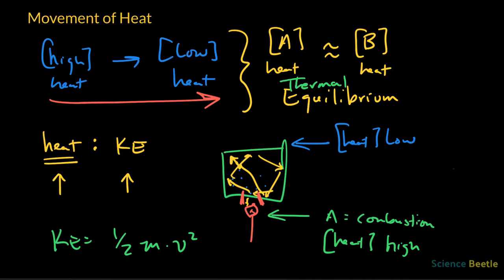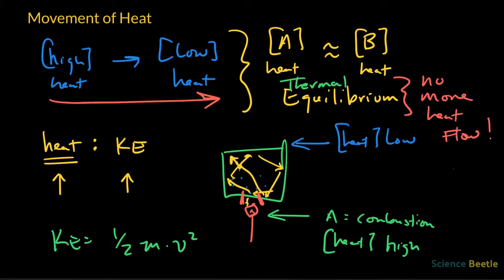That point where they are the same is known as thermal equilibrium, and this is a state where there is no more heat flow. Okay, so heat does not flow anymore at this section here, and so we've got to make sure that we identify that. So no more heat flow.